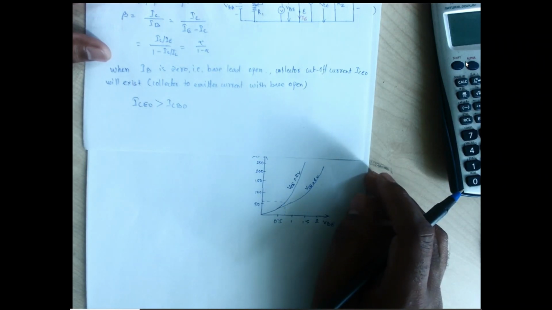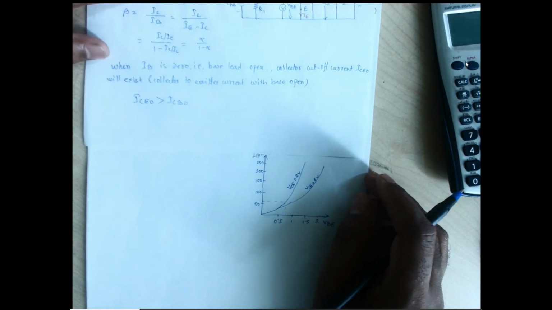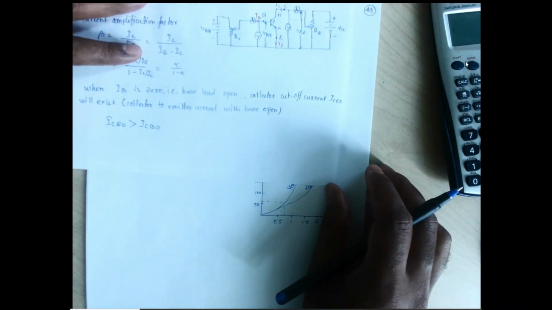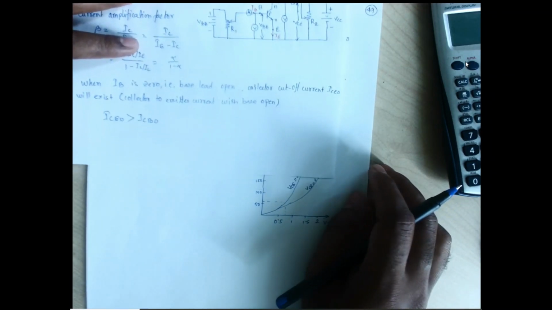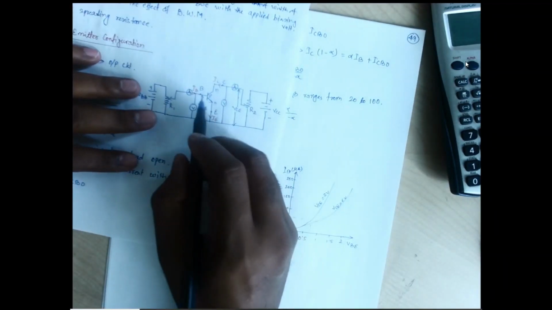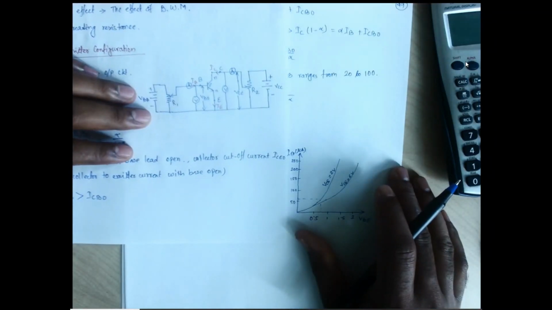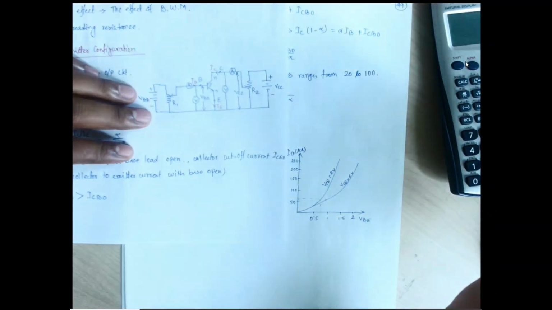So why is it so? It is because the higher value of VCE provides greater CB junction reverse bias. Just try to understand. Let us consider some fixed value of VB has been provided. Now we are increasing our VCE.